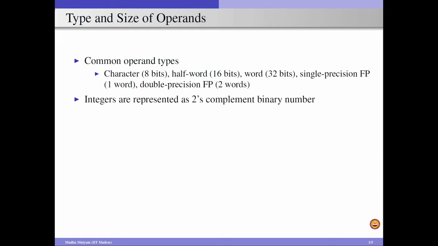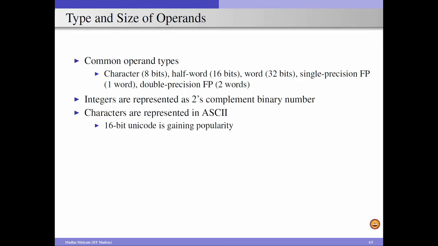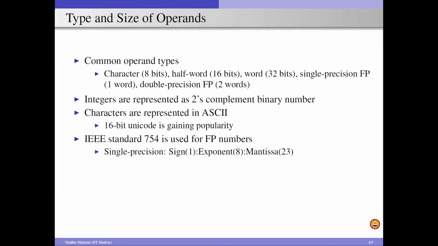And integers are typically represented in the 2's complement form. And for characters, we either use 7-bit ASCII codes or a 16-bit Unicode. And for floating point numbers, we typically consider the IEEE 754 standard.